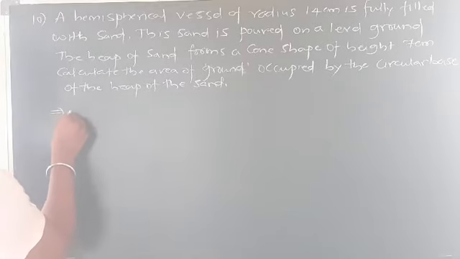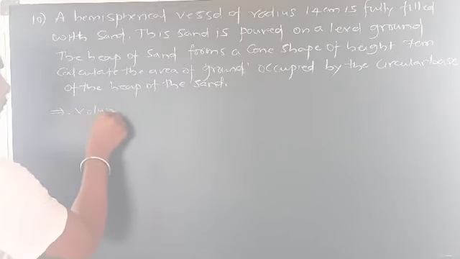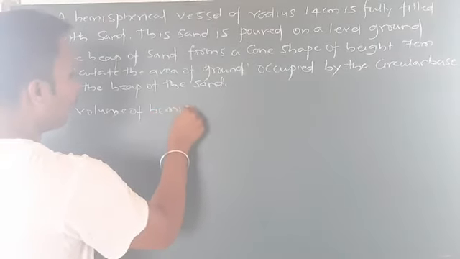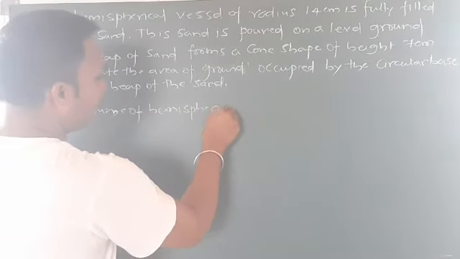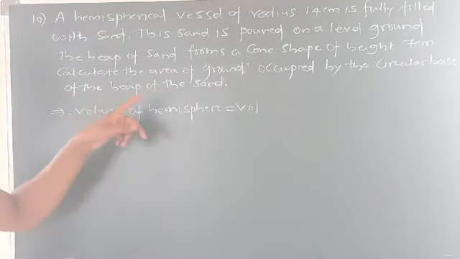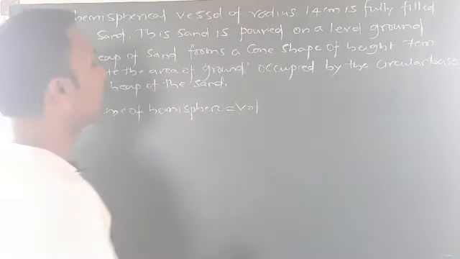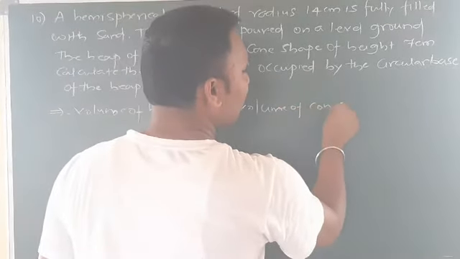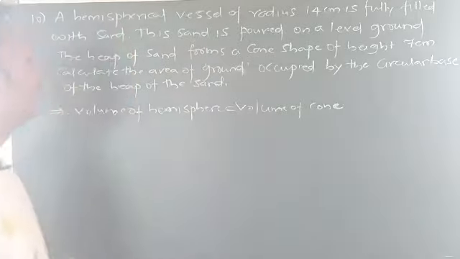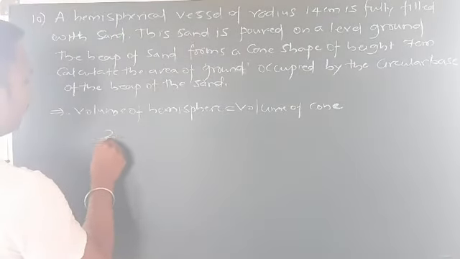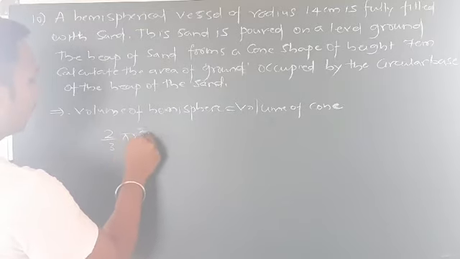So we have the volume of hemisphere equal to the volume of cone, because the sand forms a cone-shaped heap on the level ground. The volume of hemisphere, we know it very well, is 2 by 3 pi r cube.